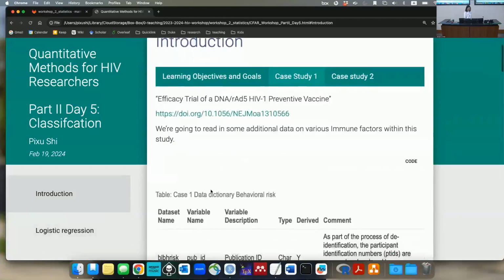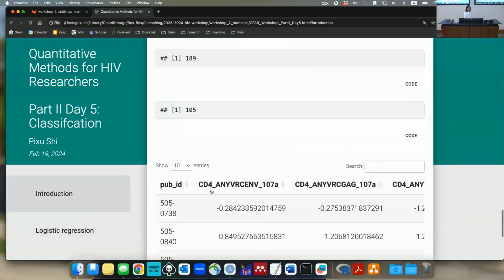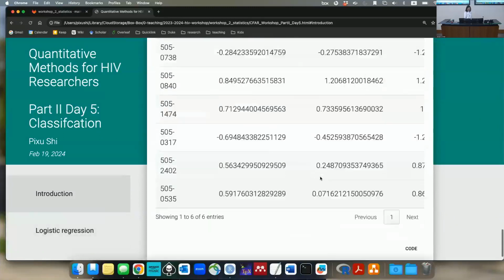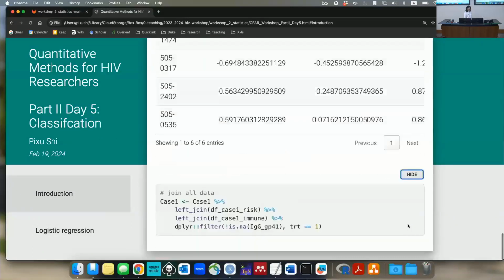And in this data set, we'll focus on the subset of samples that are, if you unfold the codes, I'm actually using the subset of the data with the measurement of the immune markers, and also I'm only focused on the treated, the patients who are vaccinated.